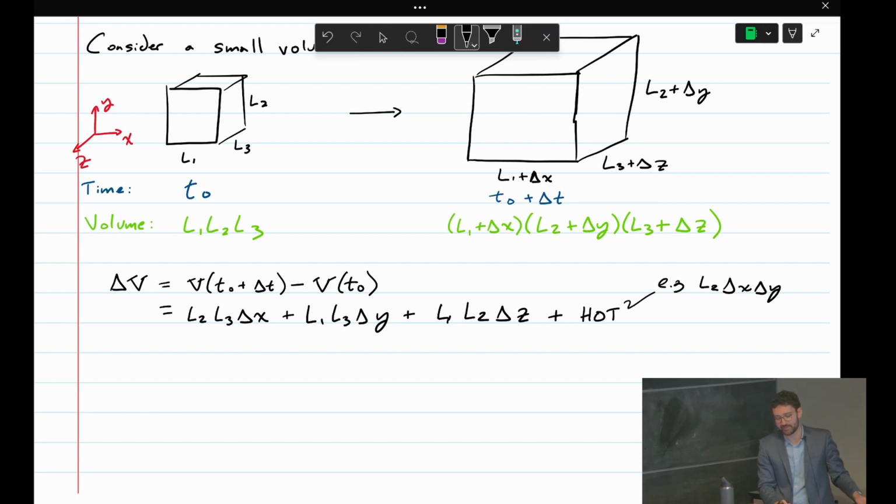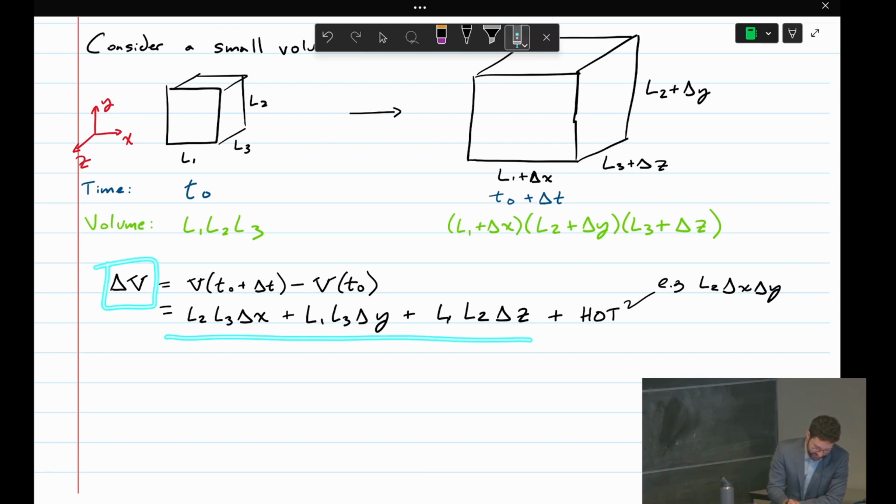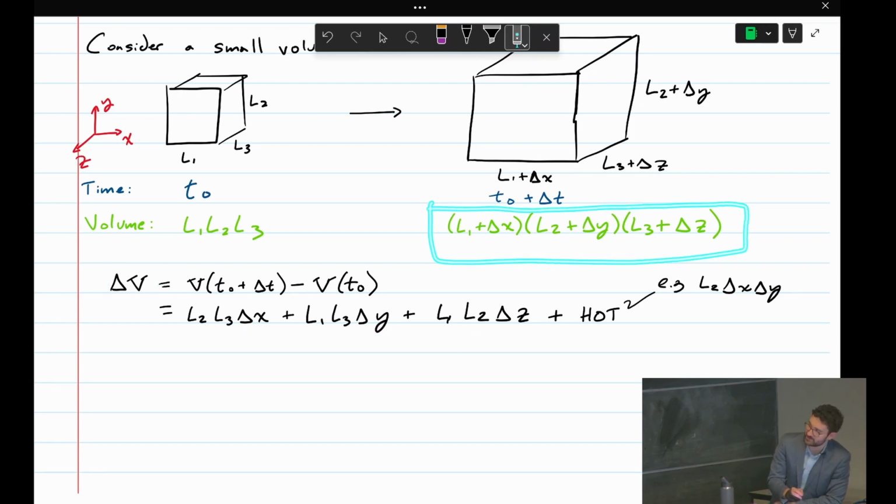We're going to say we have a really small volume, so delta x is already really small, so delta x delta y is negligibly small. So we're going to basically neglect the higher order terms and just take our linear terms. So this delta V that I've written here is just what happens when you multiply that out and subtract this.